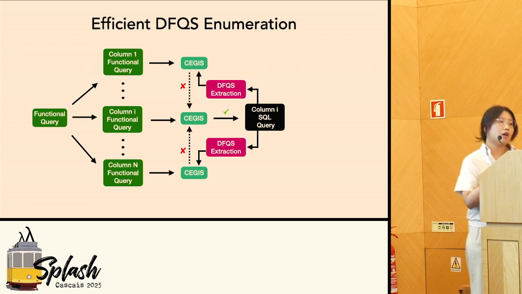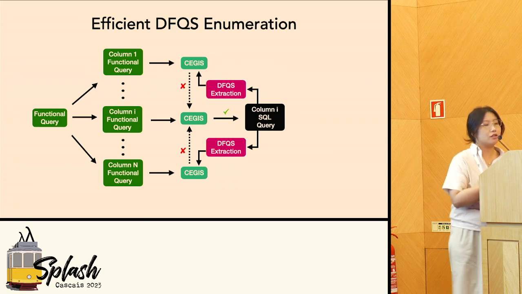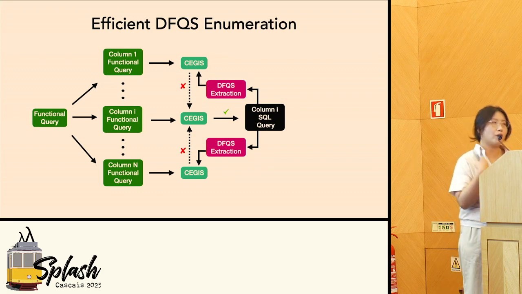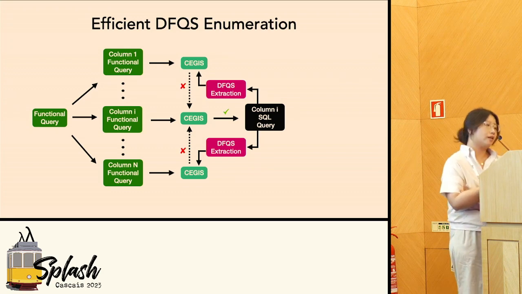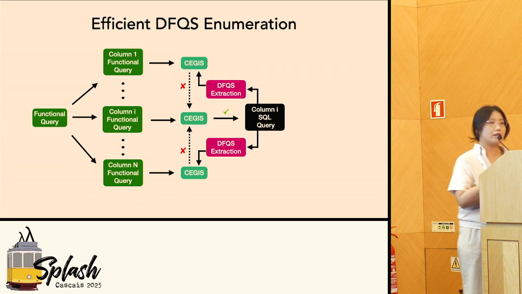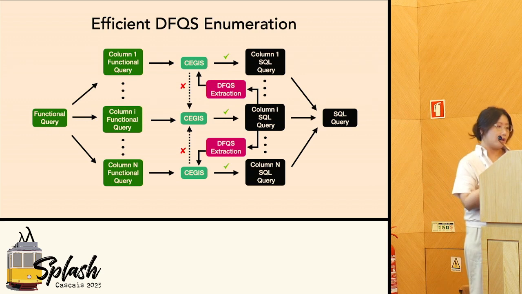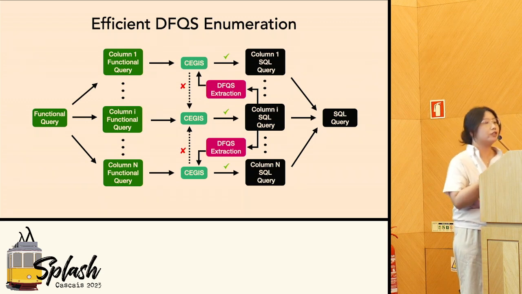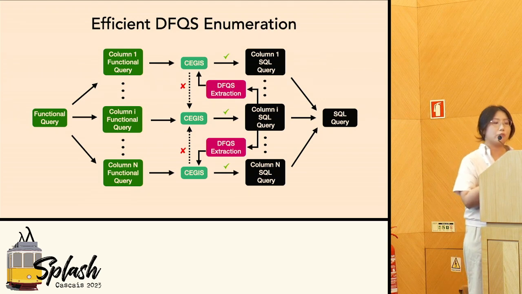If any of the column synthesis problems fails, the synthesis procedure for the base column, the one we start with, is invoked again to produce a new column query and a new DFQS. This process continues until a correct column query is discovered for all the columns, at which point the results are merged and the final query returned.